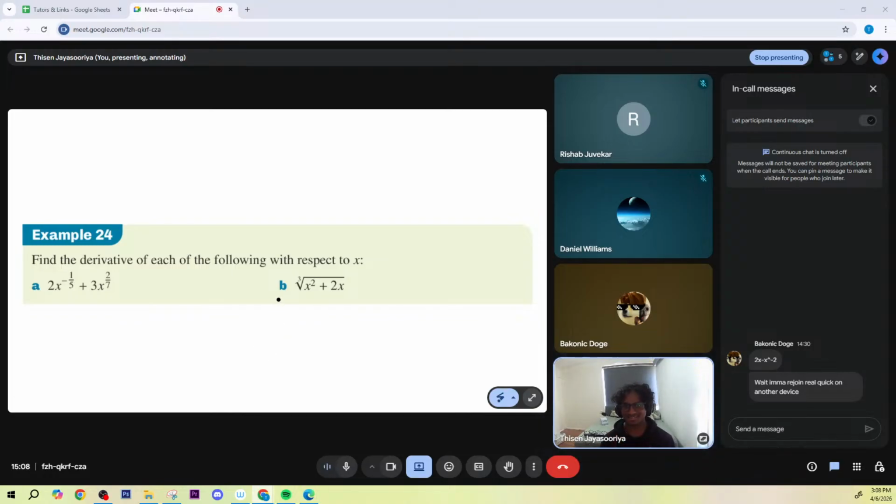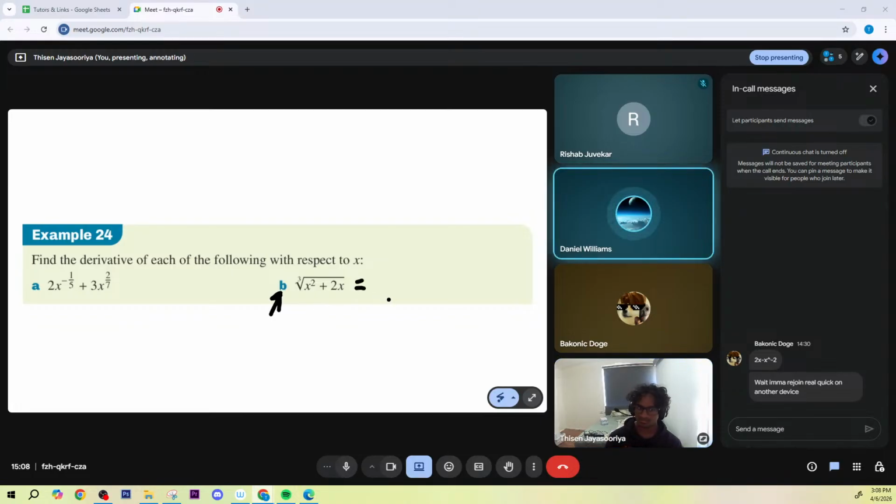Daniel, have a go at this one. So here, how can I turn this into something I can differentiate a bit nicer? So when we find the derivative, can we start off by making it x squared plus 2x, bracket, to the power of 1/3?